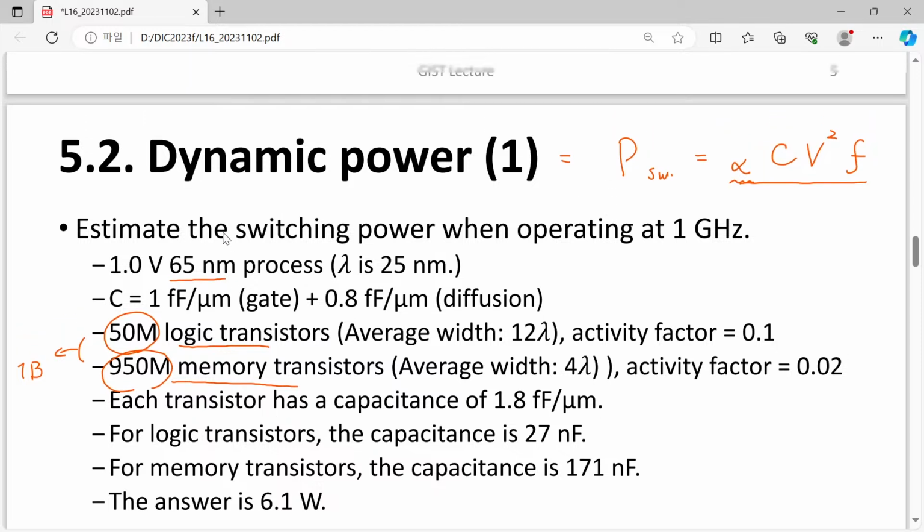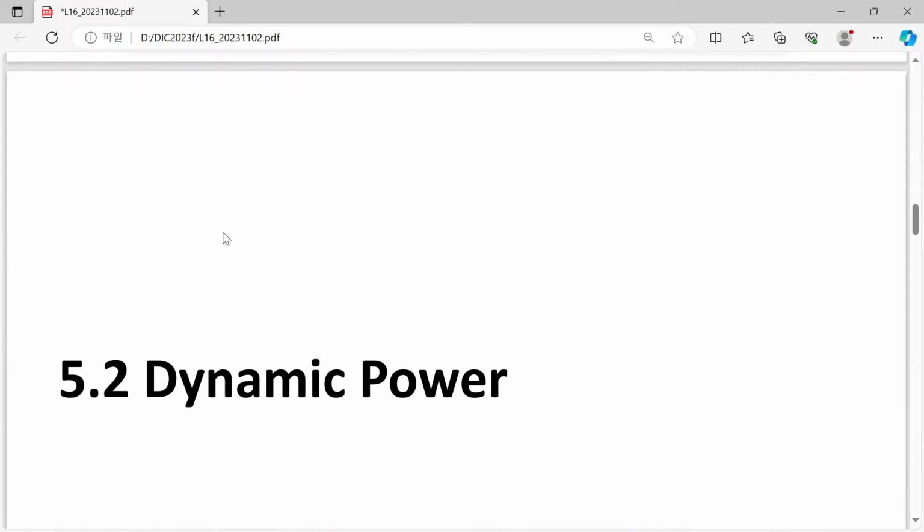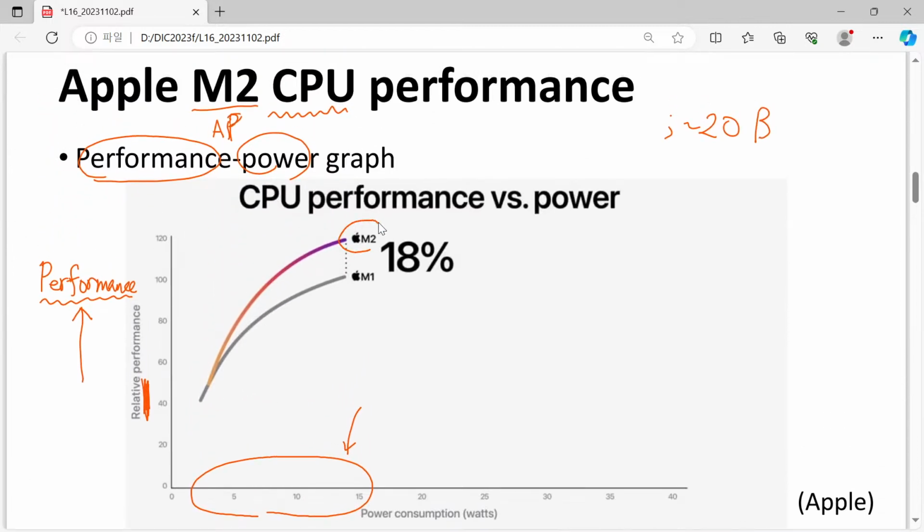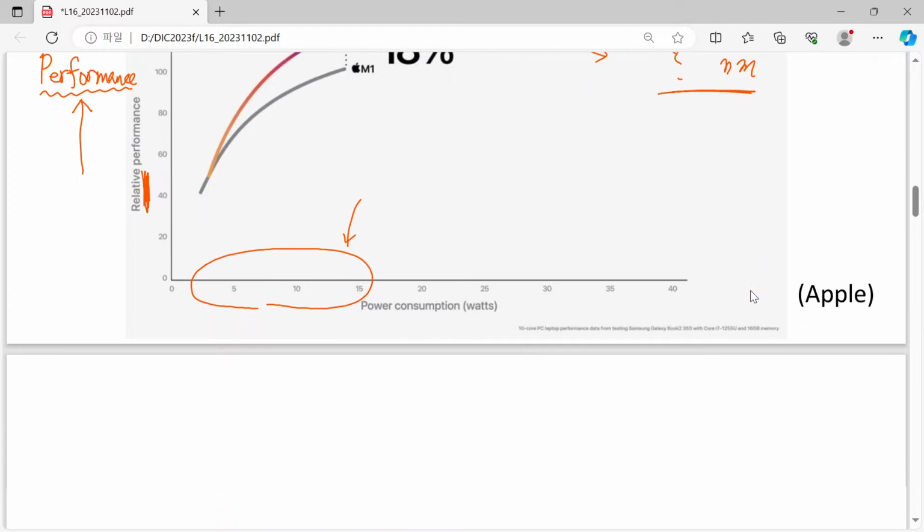process. So I wanted to ask you once again, what is the technology adopted in this M2 processor? Usually we say some nanometer technology to represent certain device technology.